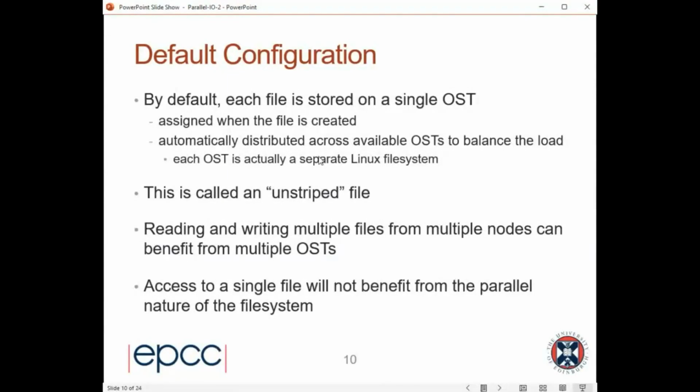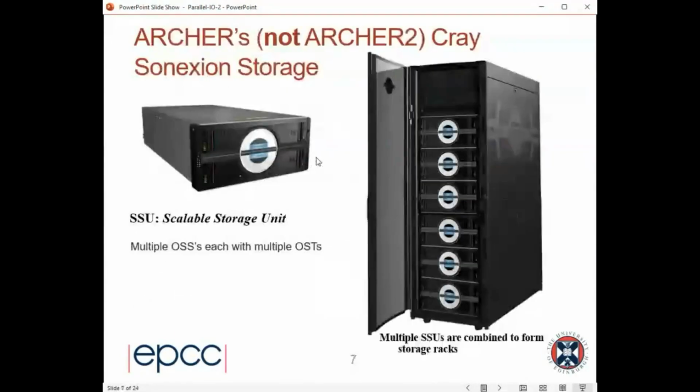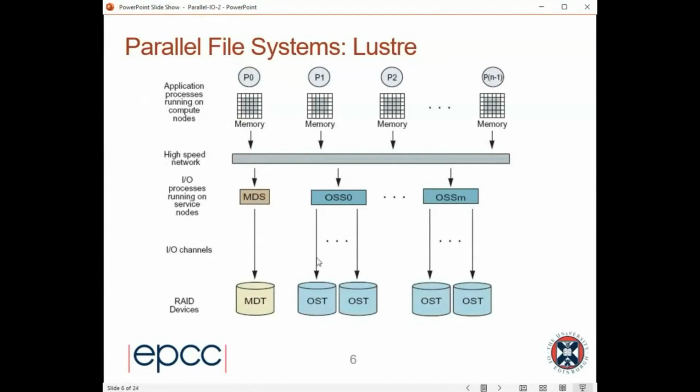So what happens by default? Well, by default, if you open a file, it's stored on a single OST. If you open a file, the metadata server will pick an OST to put it on based on which one's freest, which one's got the lowest load. You don't know which, but automatically, individual files by default will be distributed across the OSTs.